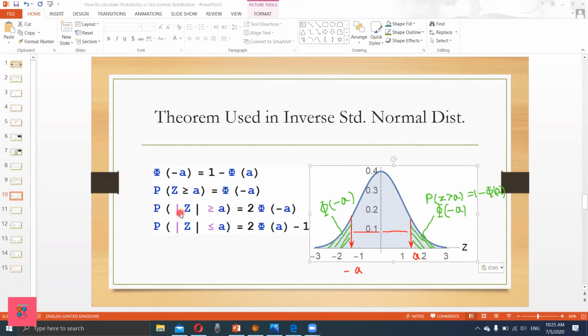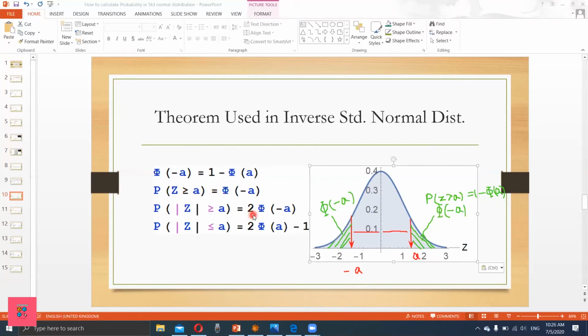Whenever modulus z is given, it means it's plus a and minus a both. So we will multiply this area phi of minus a by 2 because both areas are the same. If you know that phi of z greater than a is equal to phi of minus a, then the modulus of this one is twice this one.